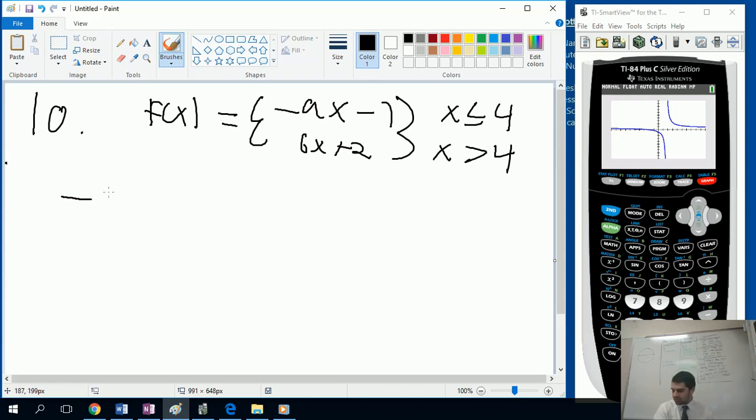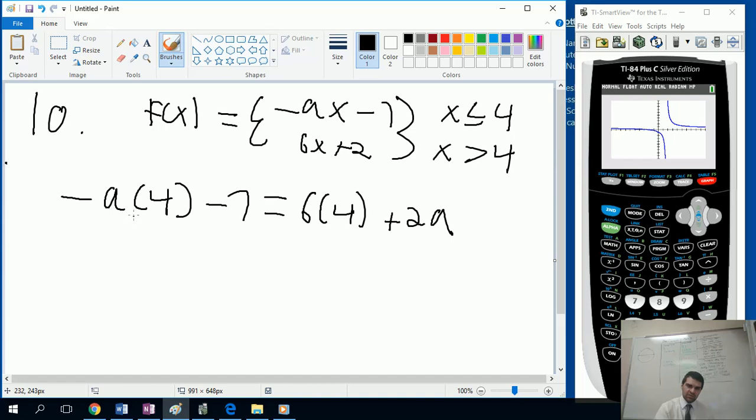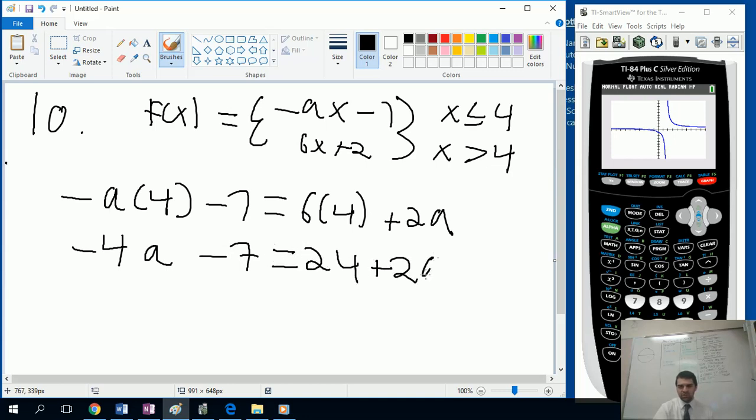So negative a times 4 minus 7 is equal to 6 times 4 plus 2a. Let's combine like terms here and simplify. So negative 4a minus 7 is equal to 24 plus 2a.